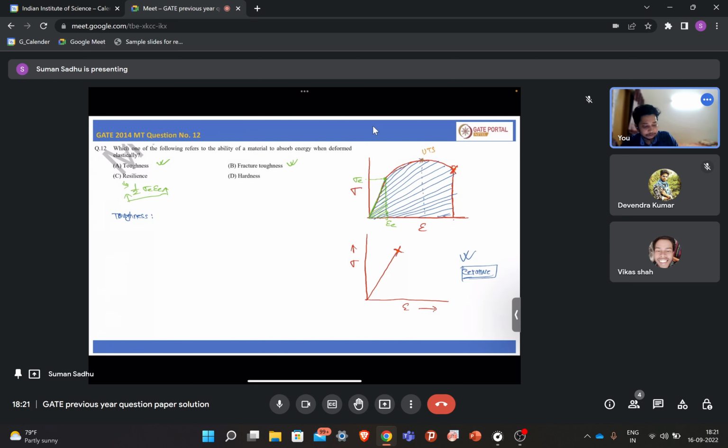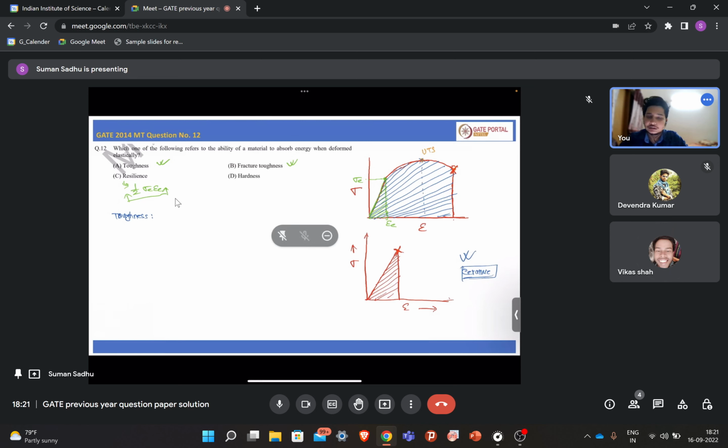It is not deforming plastically, right? So in this case, only the resilience is important. Toughness is the ability of material to absorb energy when deforming plastically without fracturing. So for this case, the resilience is important. It is only deforming elastically, so this area will be the resilience of this material.